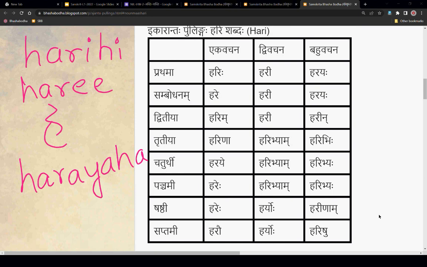Harihi, Hari, Haraya. Hare, Hari, Haraya. Titiya, Hari, Harin, Hari.